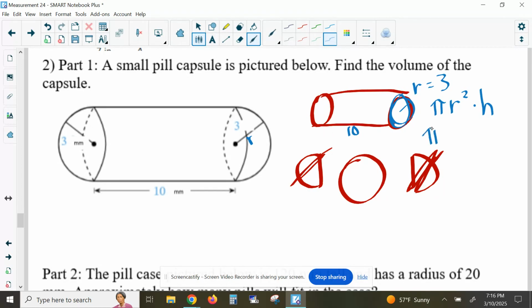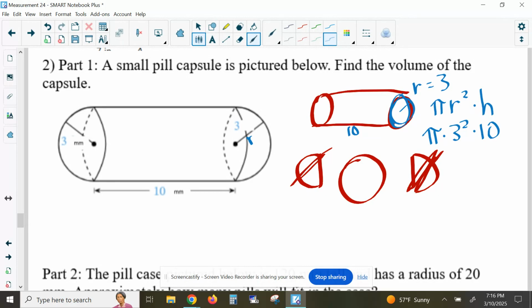So we're going to put pi times 3 squared, and then times the height of the cylinder, which is 10. Use the pi button, don't round it right now: pi times 3 to the second power, which is 9, times 10.